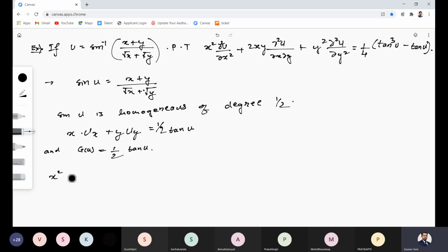So our x square uxx plus 2xy uxy plus y square uyy will be equal to, what is the formula? g of u into g dash of u minus 1.